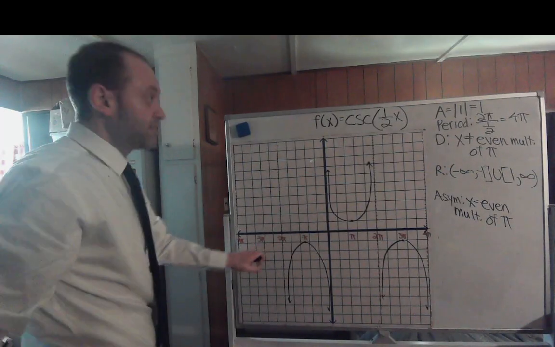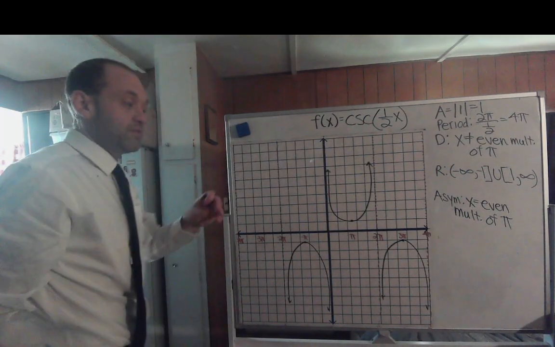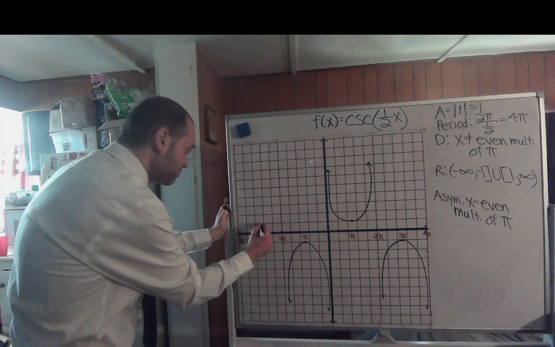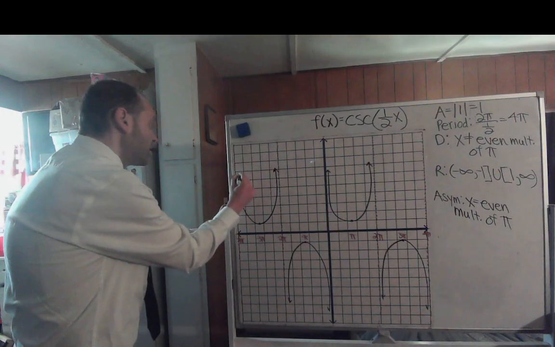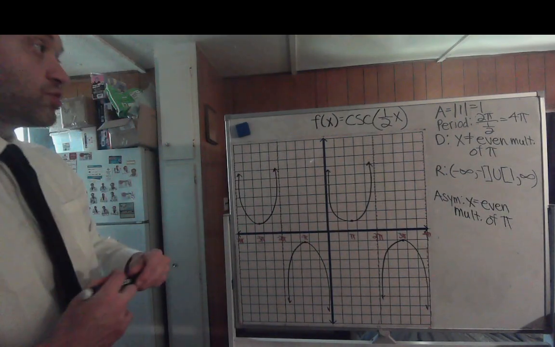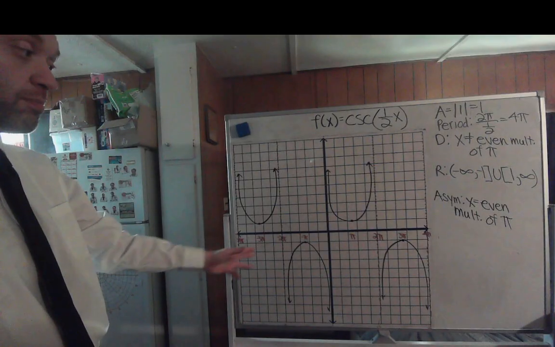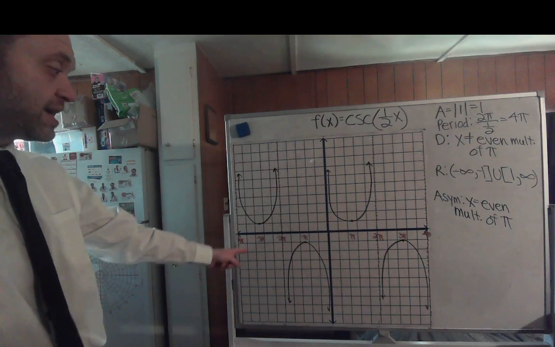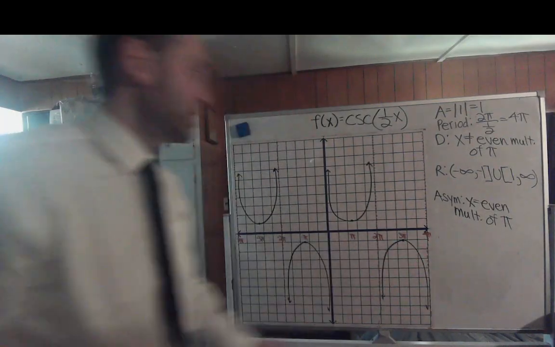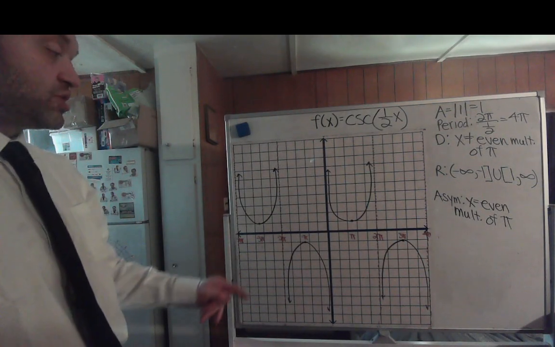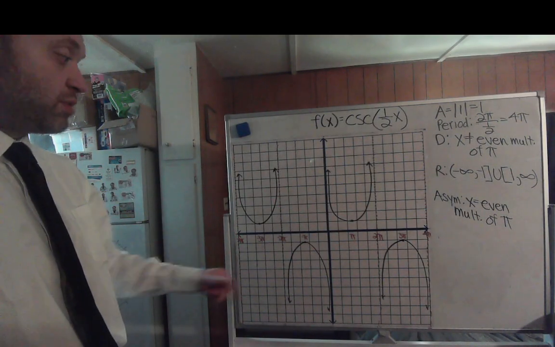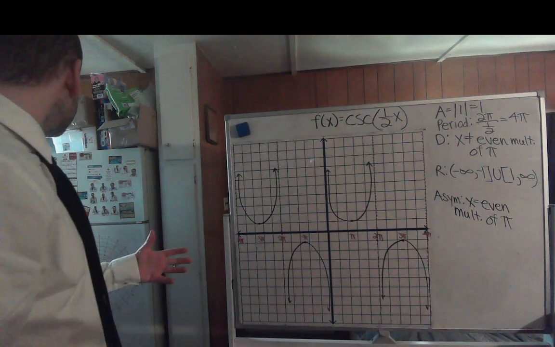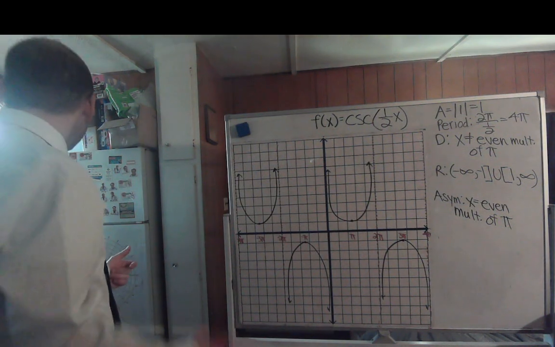If you put in negative 3 pi, that gives you the cosecant of negative 3 pi over 2, which is positive 1. So there is your graph with a period of 4 pi, 2 full periods from negative 4 pi to positive 4 pi, with your domain being x not equal to even multiples of pi, which means your asymptotes are x equals those even multiples of pi.